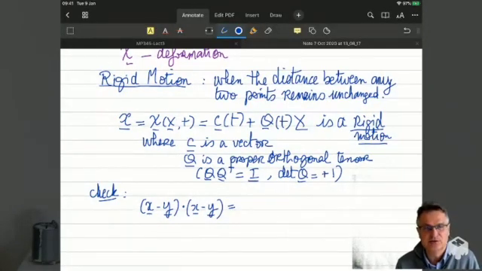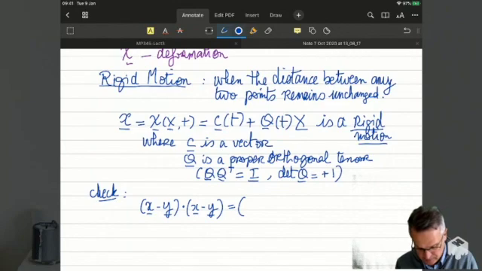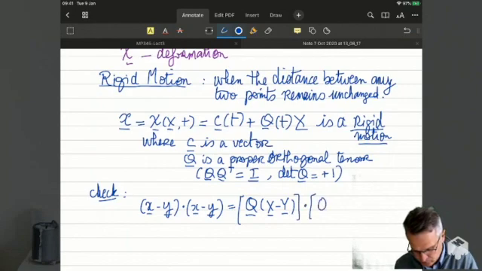I'm going to write the distance squared here, x minus y. For little y, I'm going to have c plus Q capital Y. And I can see that the c's are going to cancel in the subtraction. So I'm going to be left with Q(X minus Y) dot Q(X minus Y).